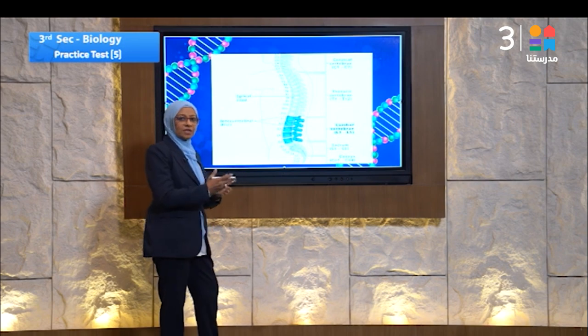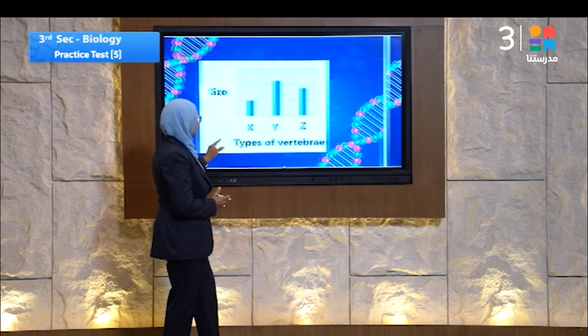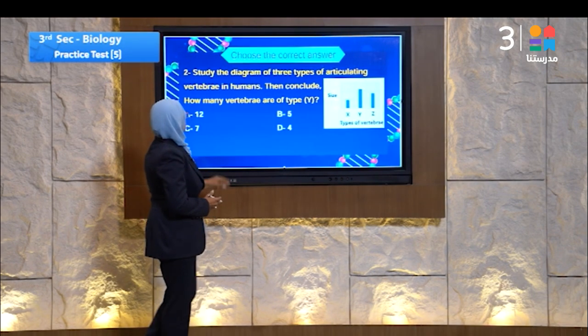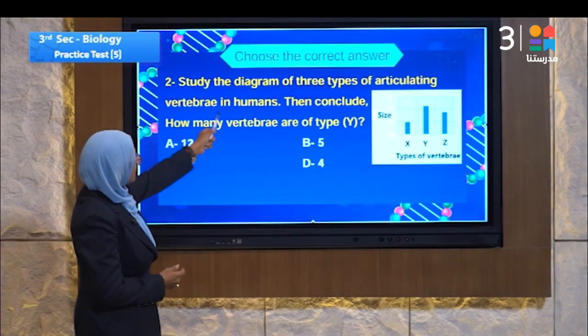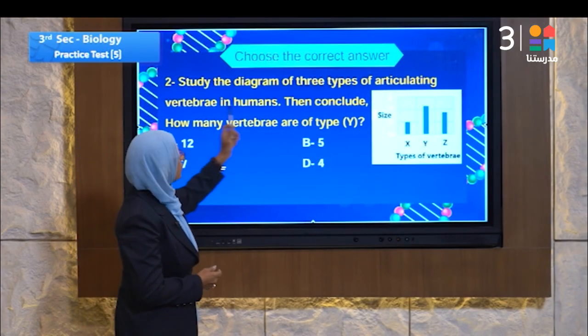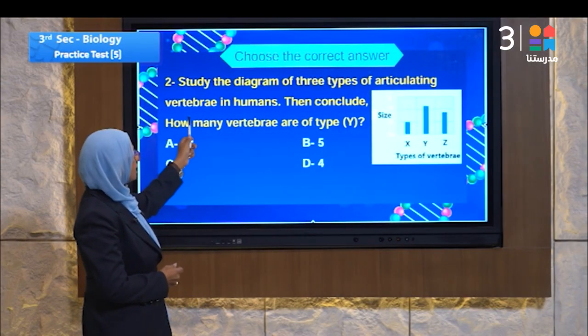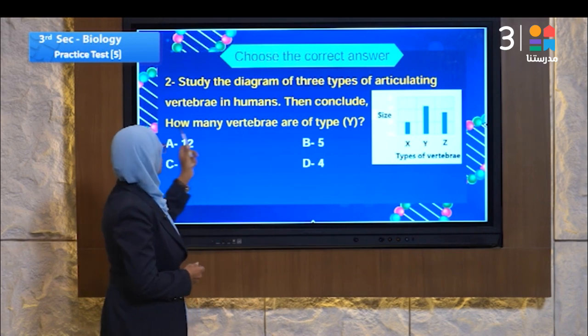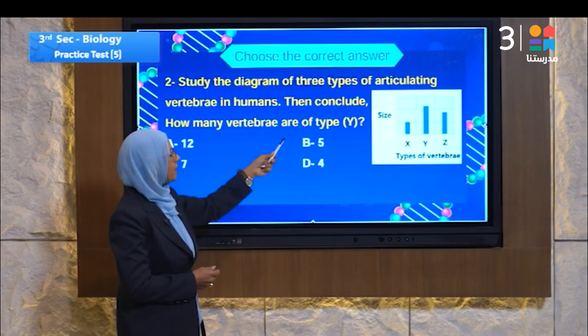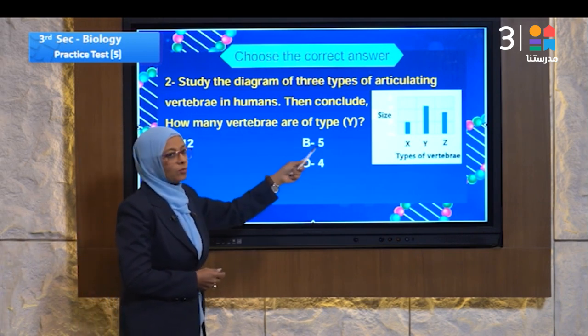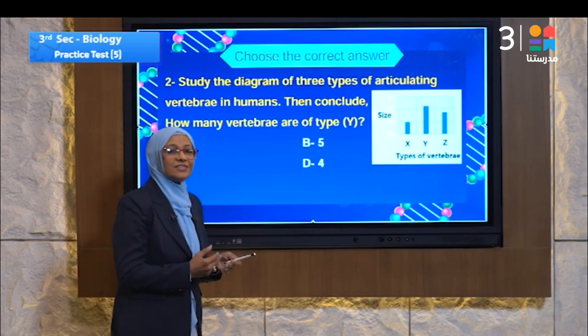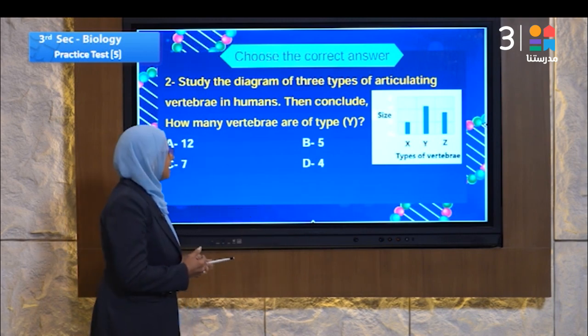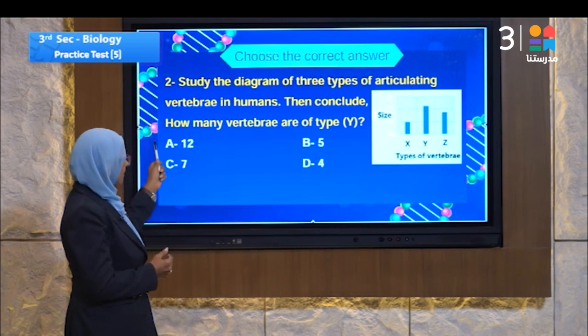Let's go to the question again and read it. Study the diagram of the 3 types of articulate vertebra in human. Then conclude how many vertebrae are of type Y. Type Y is the largest one. Are they 12?